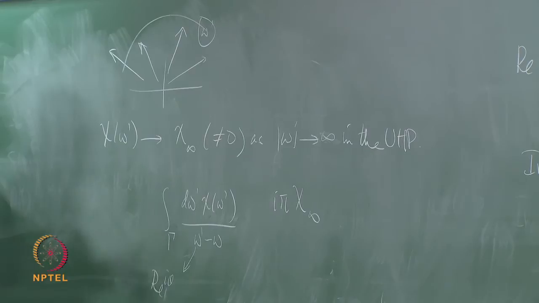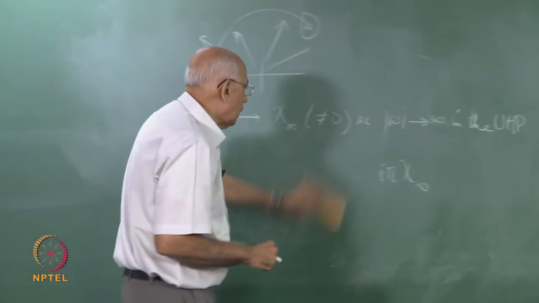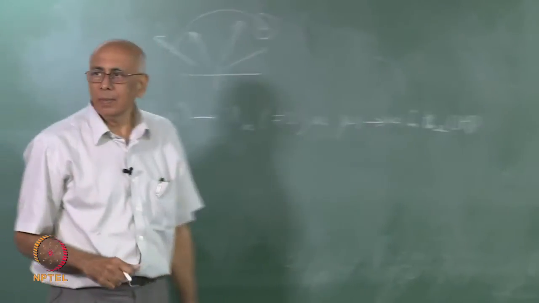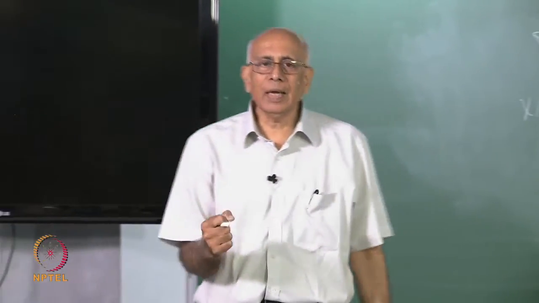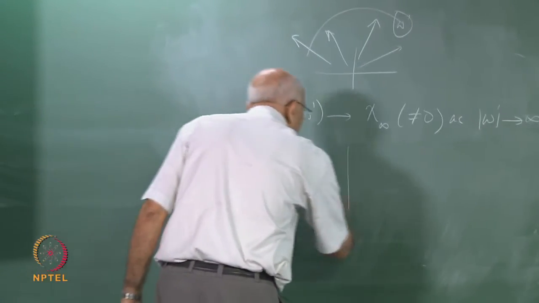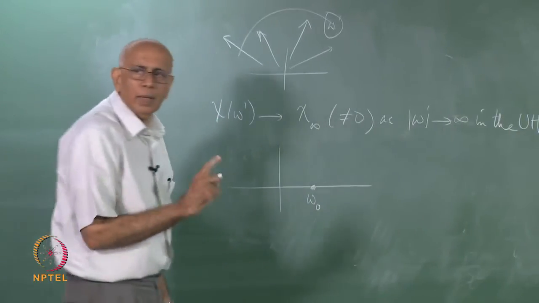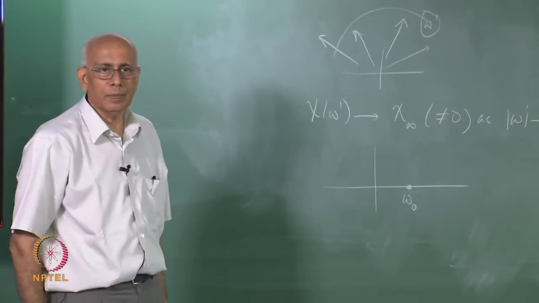What I then do is a clever trick called subtraction. You say, well, I have to pay the price somewhere, I have to know this susceptibility at some point. Let us suppose that I know the value of the susceptibility at some point omega naught. I have to know that as input.